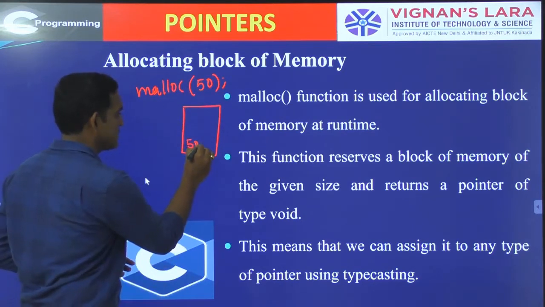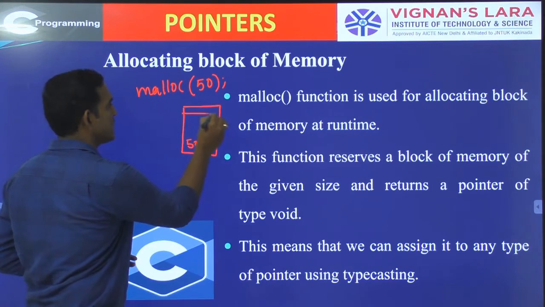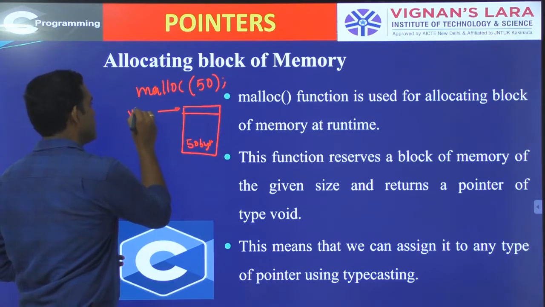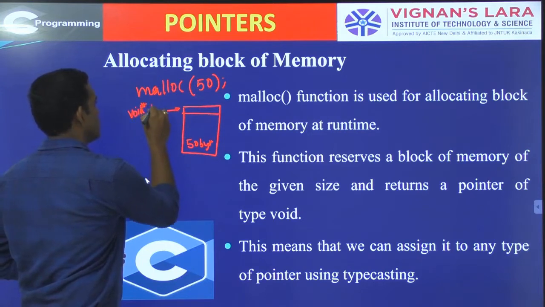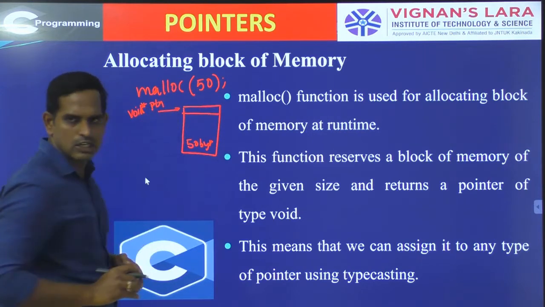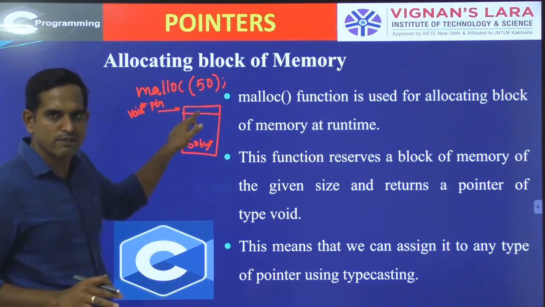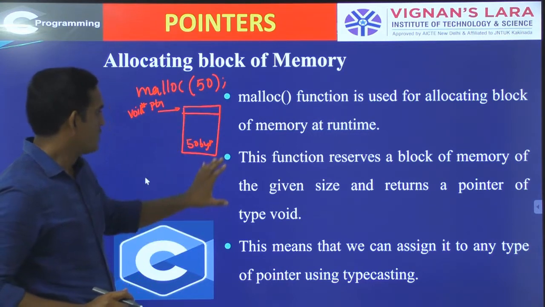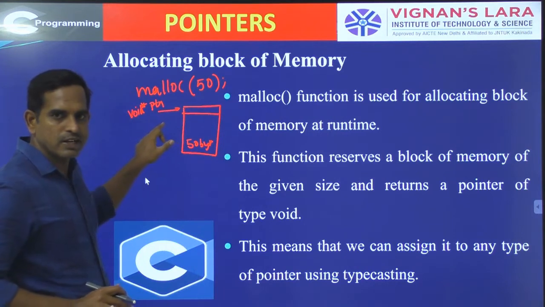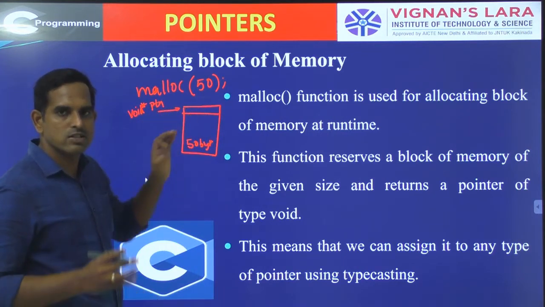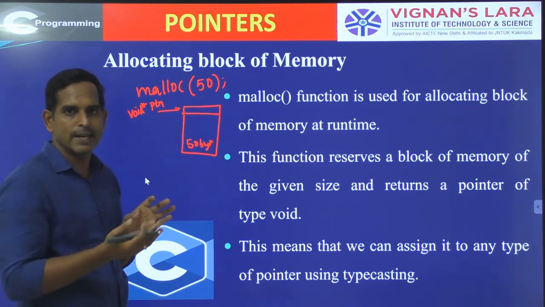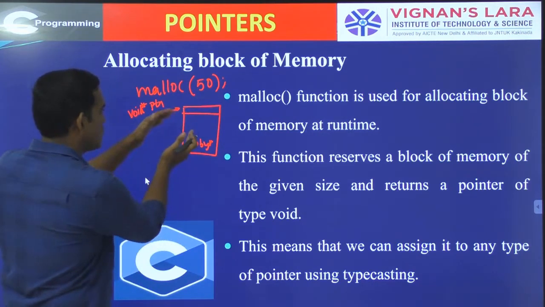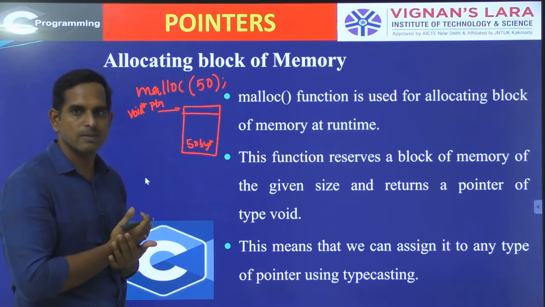When I get 50 bytes, it will return a void pointer which is pointing to the first memory location. Since this is a void pointer, I can use these 50 bytes to point to any data type. If I want to point to an integer data type, I have to typecast it to integer.